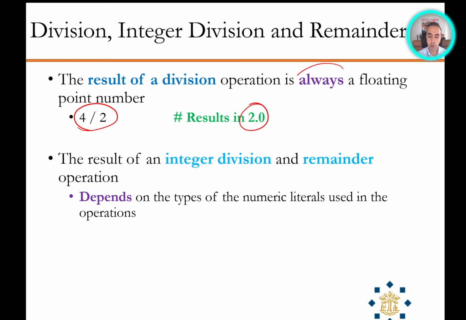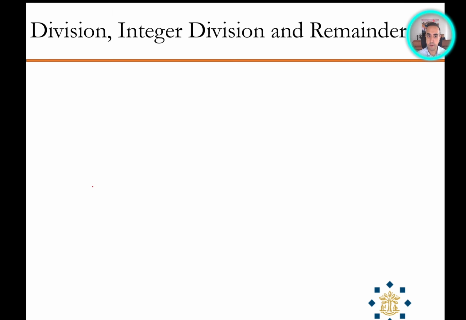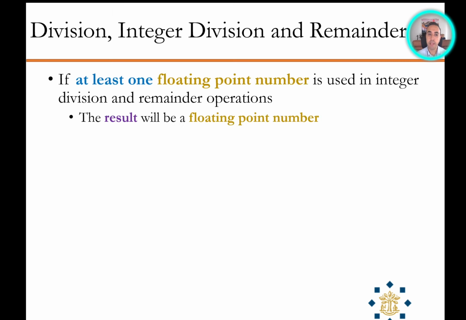So it's not always like in division. It depends. If at least one of the two numbers used in the integer division and remainder operation is a floating point number, then the result will be a floating point number.